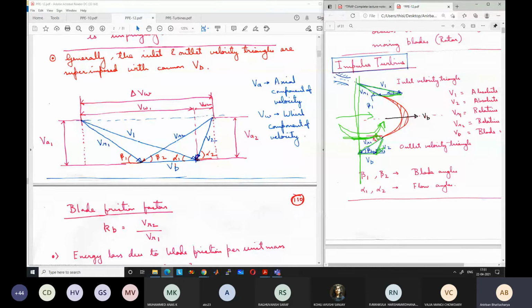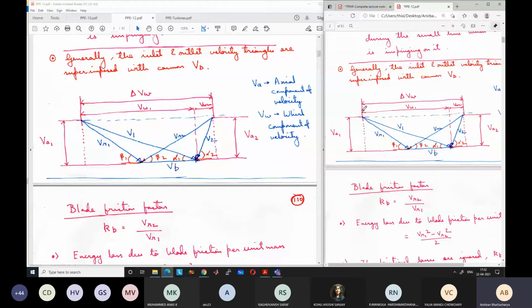The change in the component of velocity in the direction of rotation is delta VW, which is given by VW1, from this point to this point, plus VW2, from this point to this point. So this part plus this part is the total change in the whirl component of velocity in the whirl direction.